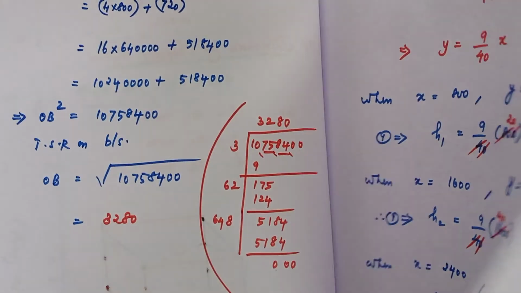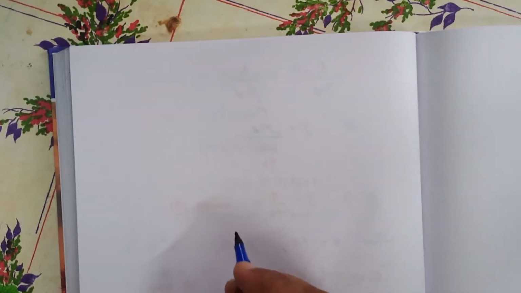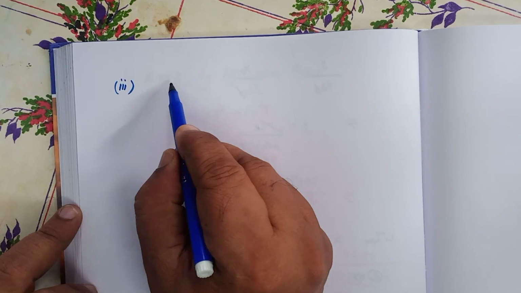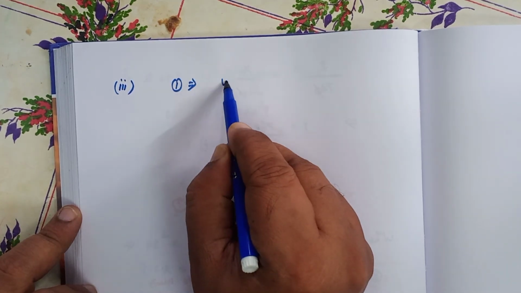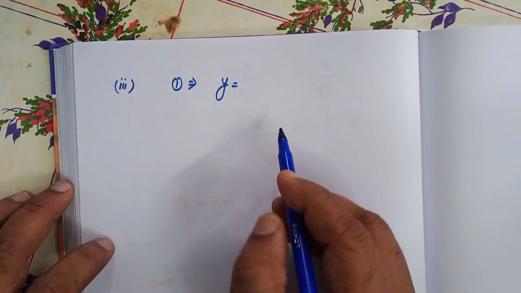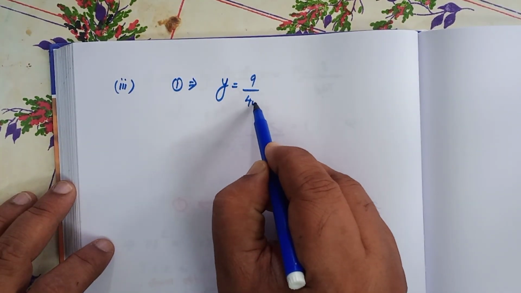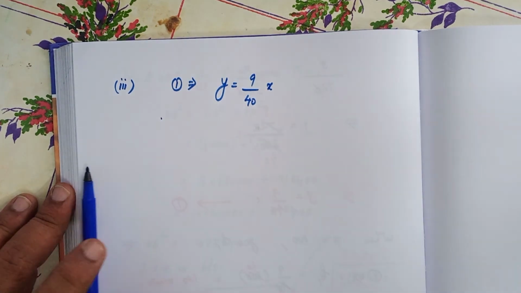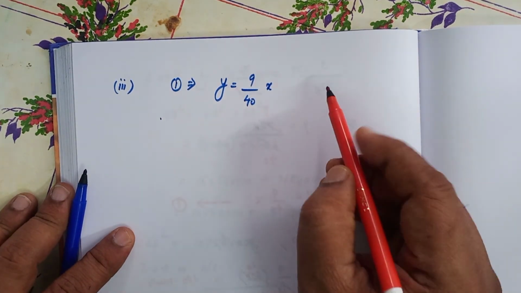So subdivision number 3. Equation 1 implies y is equal to 9 by 40 into x. This is of the form y equal to mx.